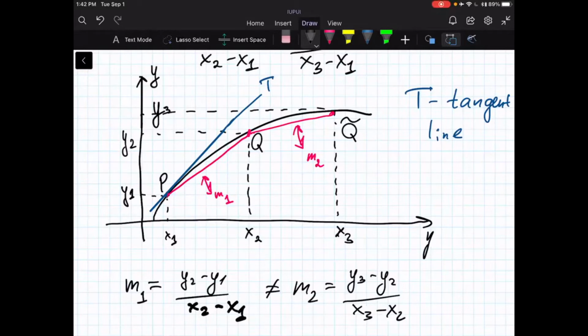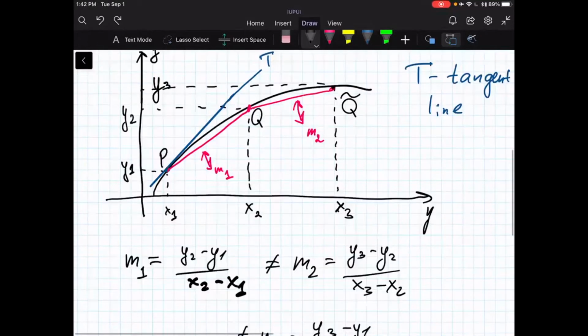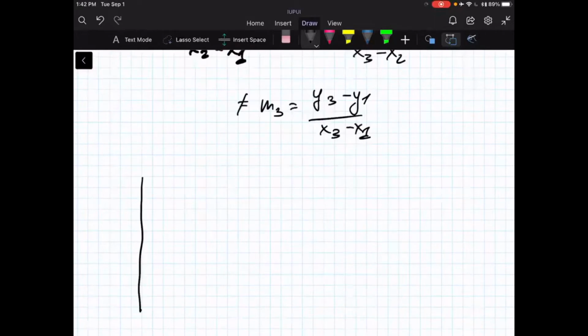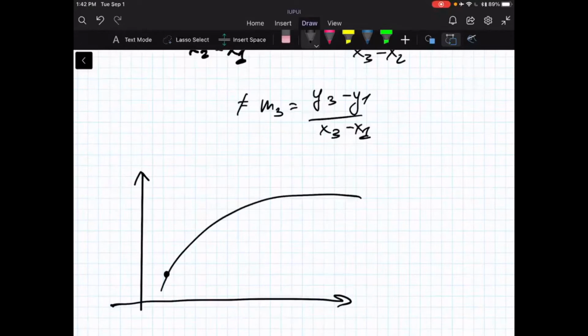So if I start with Q tilde, then my chord is, let me do another picture. So it will be better probably. So I have this point P, and now I'm starting to approximate my tangent line by chords.